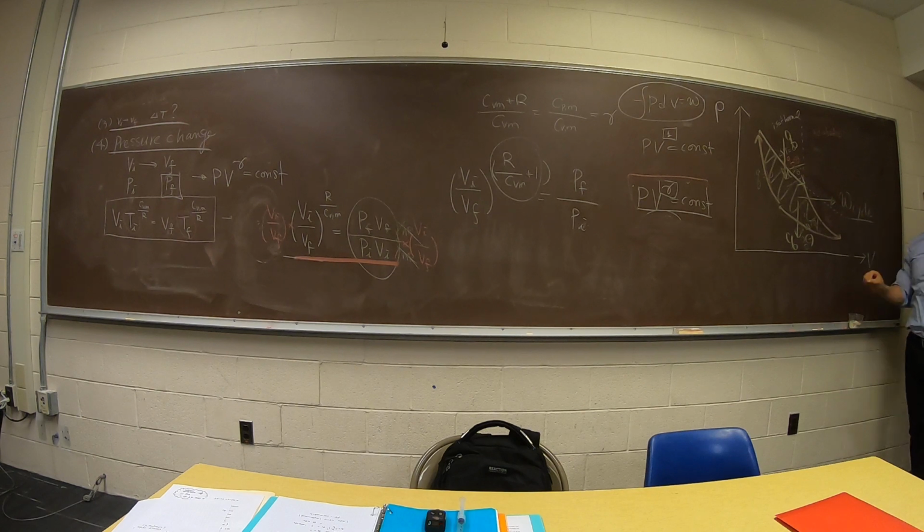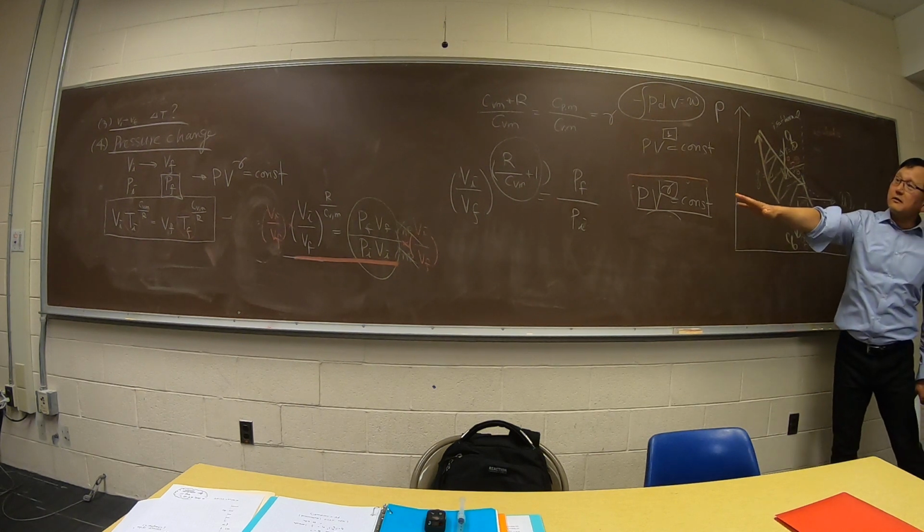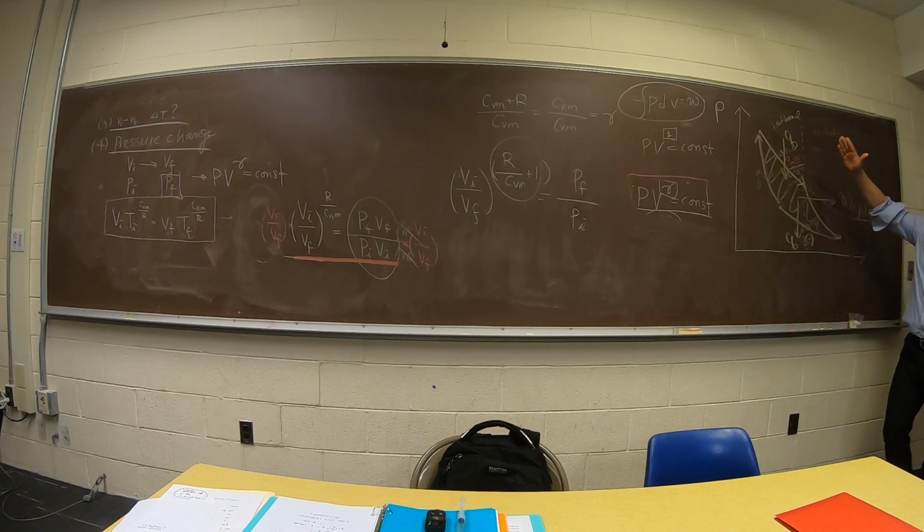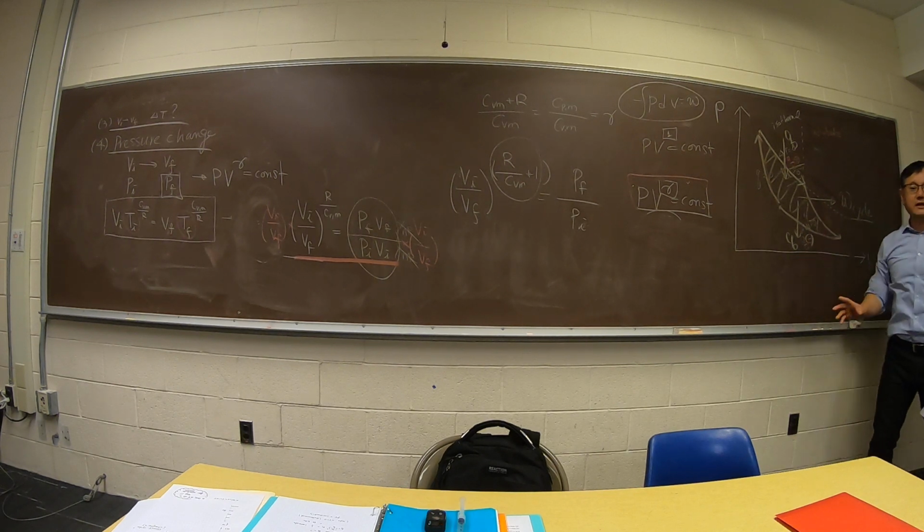I'm already covering chapter 3 now. Okay? But I'm going to go back and tell you again one more time. But the region that we talk about, pressure change in isothermal versus adiabatic in this form, it's just a way to restart to the Carnot cycle.